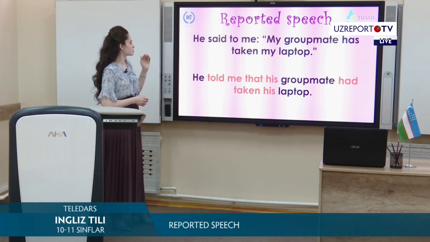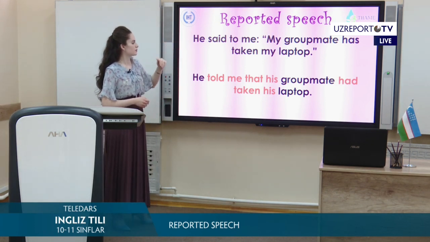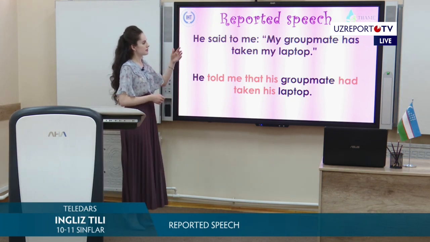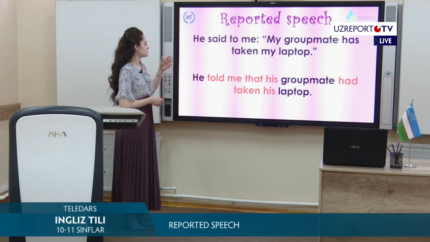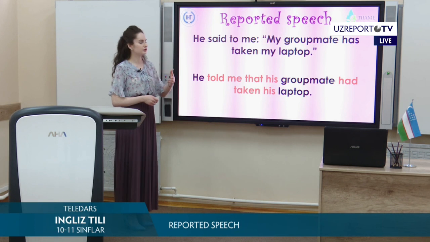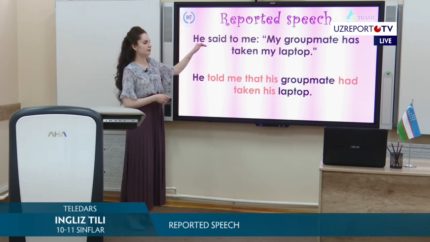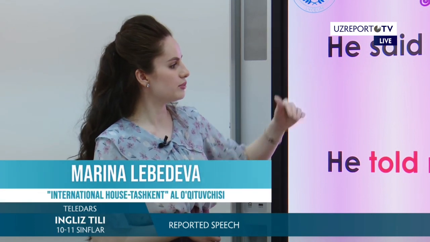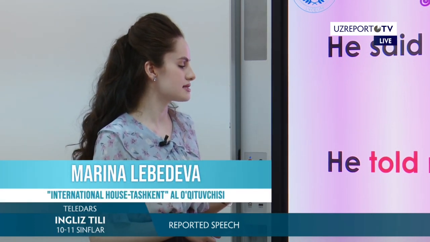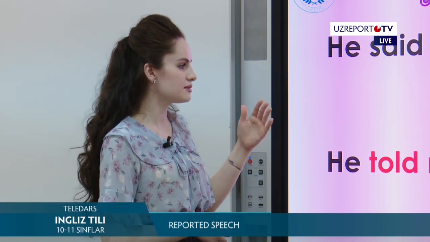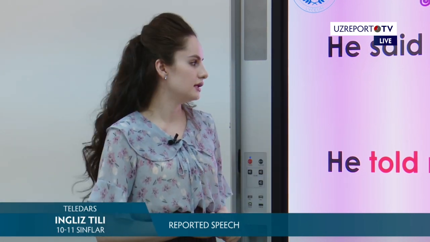Well, if we had she, we could transform my to her. Group mate will stay without changing. Has taken we should transform to had taken. We should change tenses because in the main part we have past tense. That's why in another part we should make some changes. So instead of has taken, we'll use had taken.